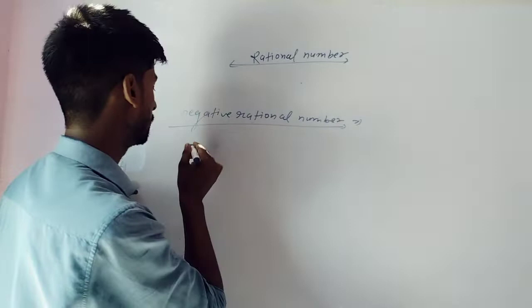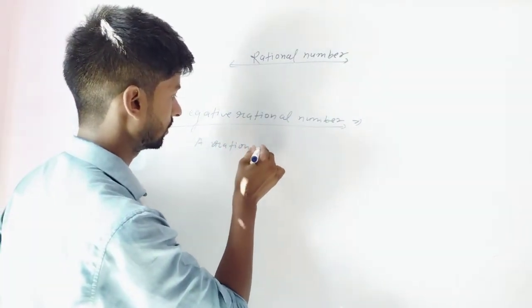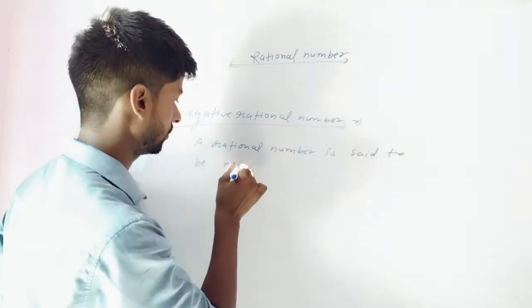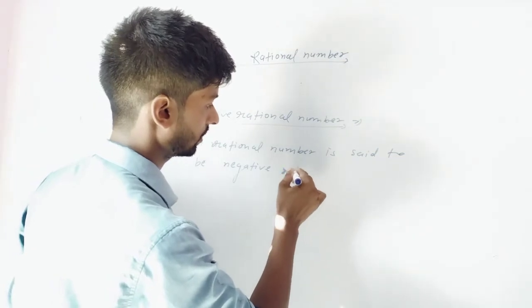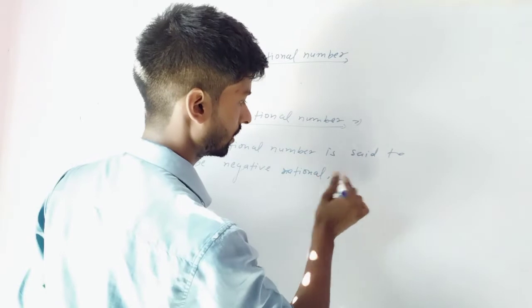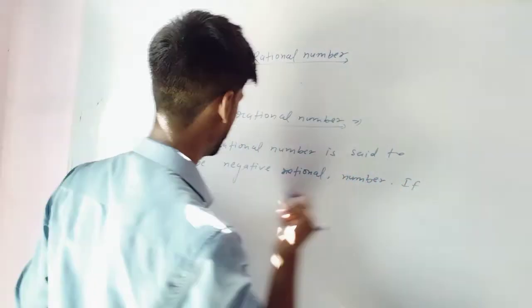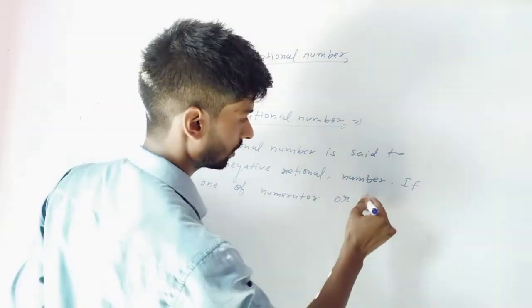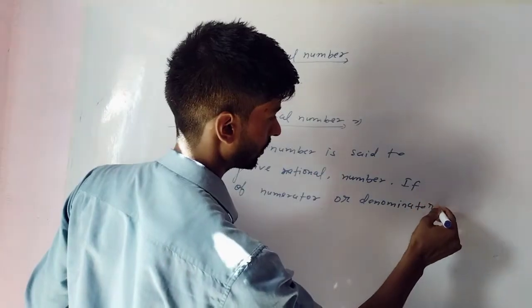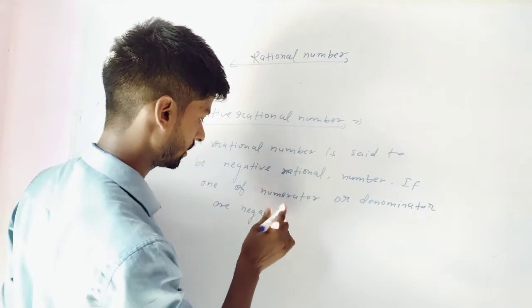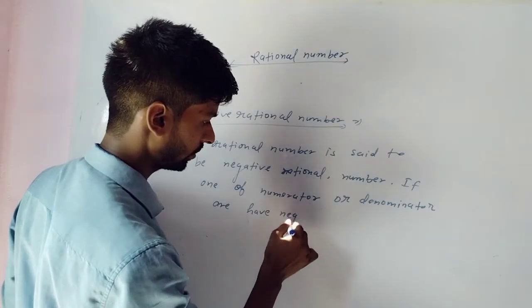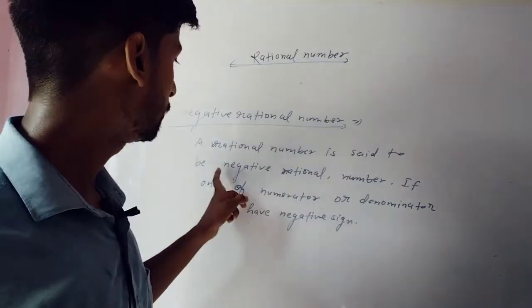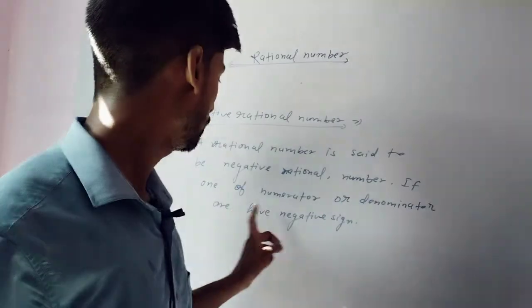Negative rational number. A rational number is said to be a negative rational number if one of the numerator or denominator has a negative sign.